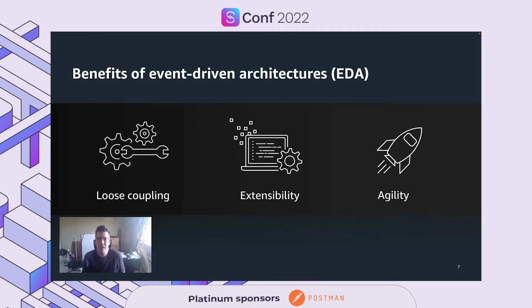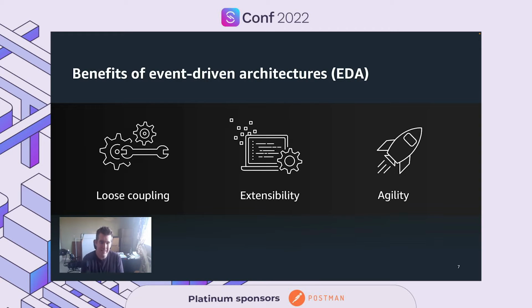Having this loosely coupled system gives us extensibility, which allows consumers to come and go as time goes on. As requirements change in our organization, we can change who's listening or add more listeners and do more and more things. From my own experience, event architectures just help us get there.